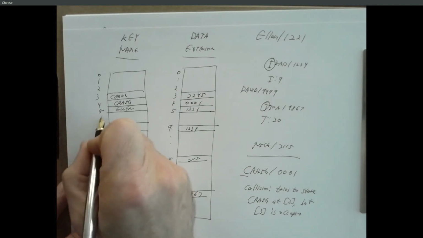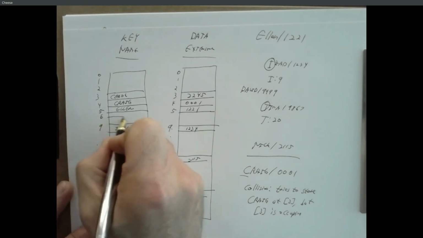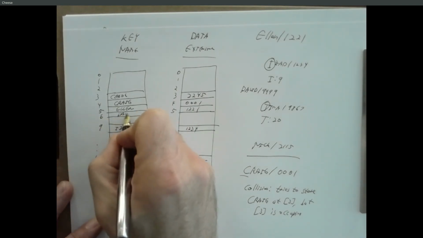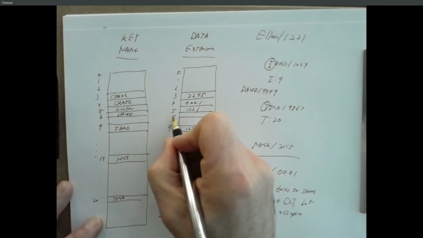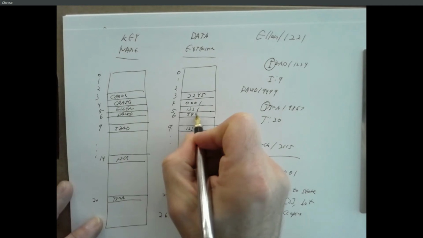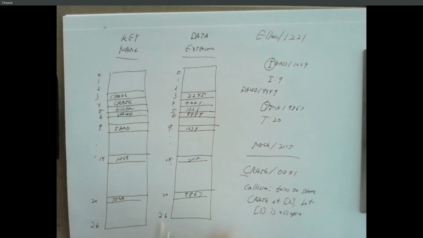Let's try the next spot. 6 is free, so we put David right there. Okay, this is starting to look like a mess because our name array is not even alphabetized anymore. But we can still work with this.